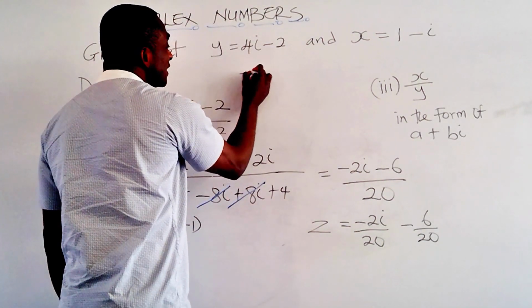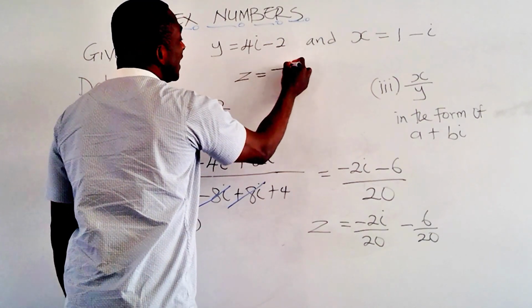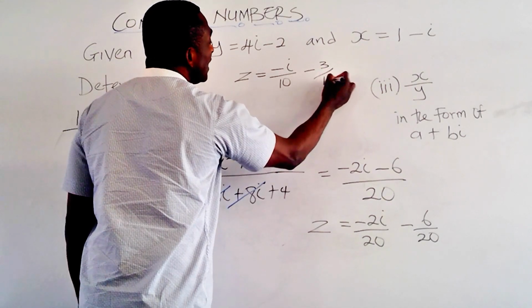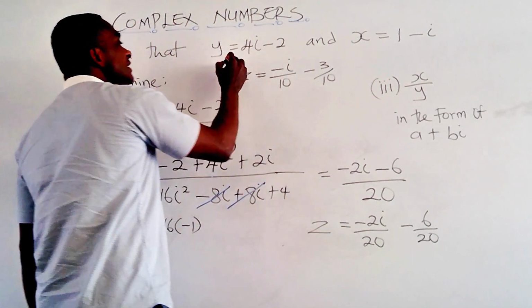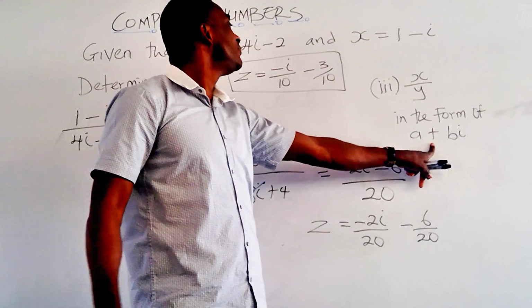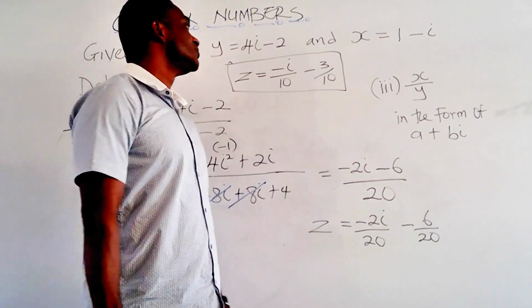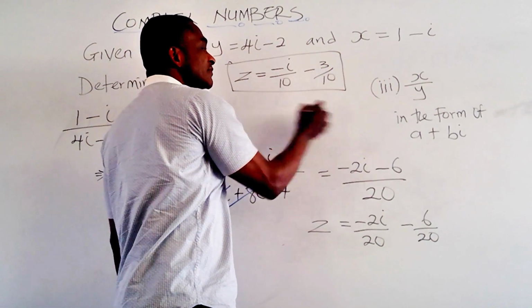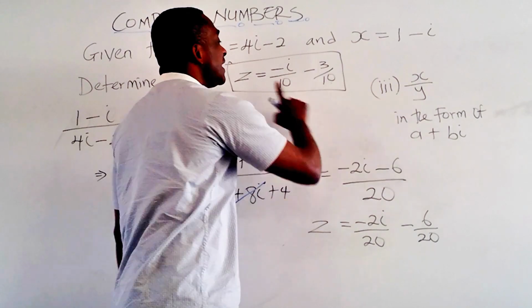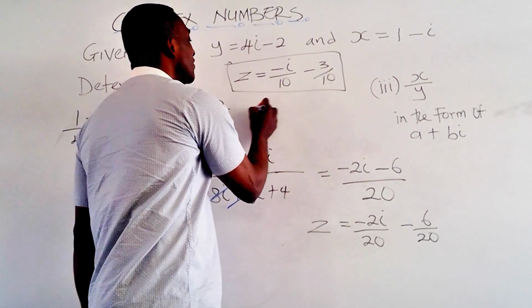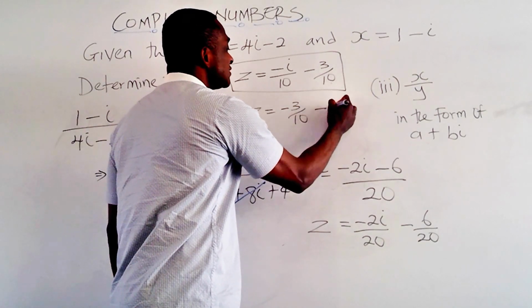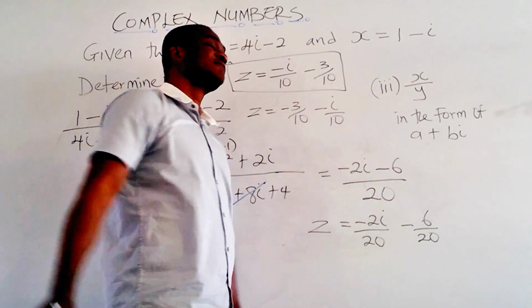And that is x over y in the form a plus bi. Our a is negative 3 over 10 and our bi is negative i over 10.